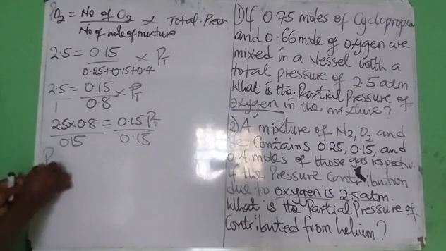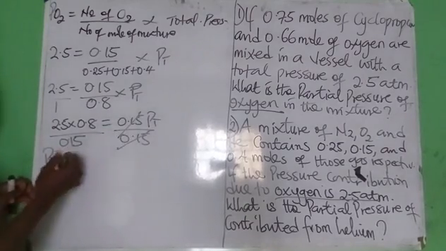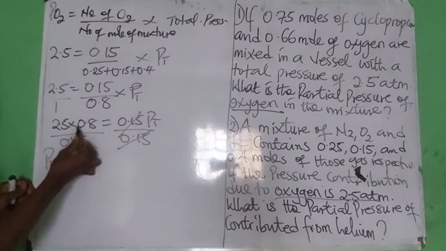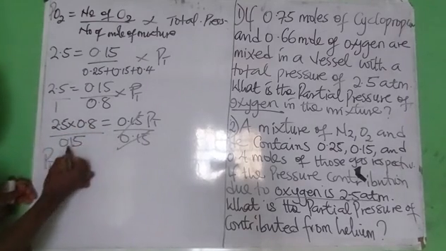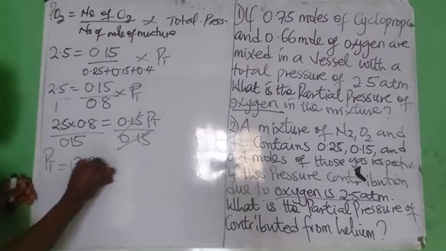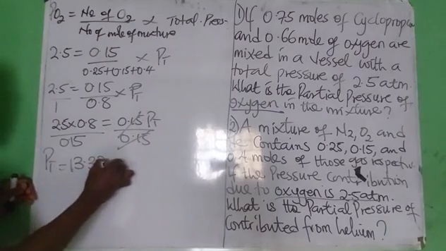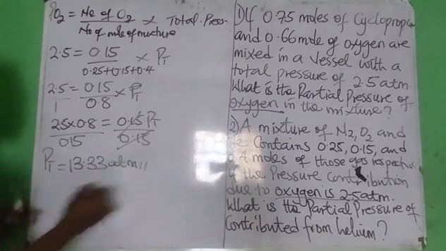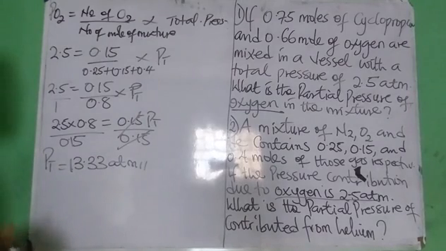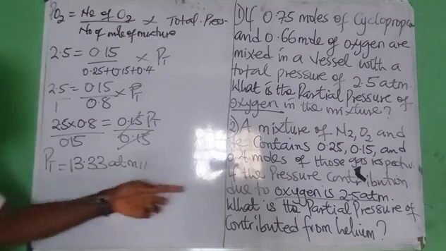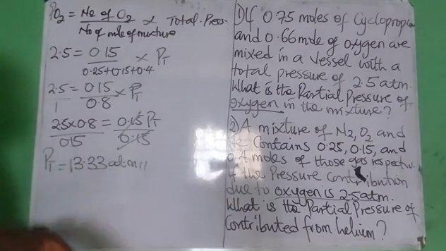Therefore P total equals 2.5 times 0.8 divided by 0.15, which gives 13.33 atmosphere. So we've been able to get the total pressure. Do you understand that?